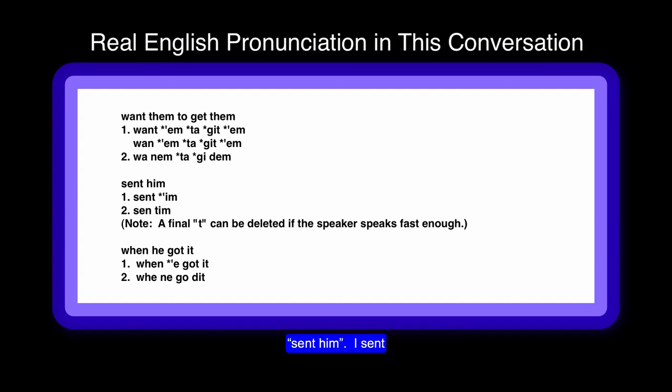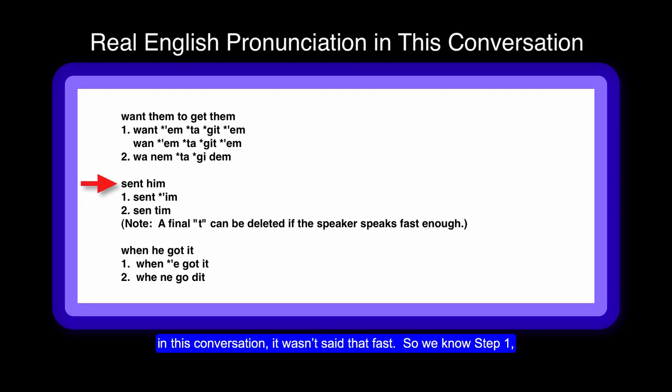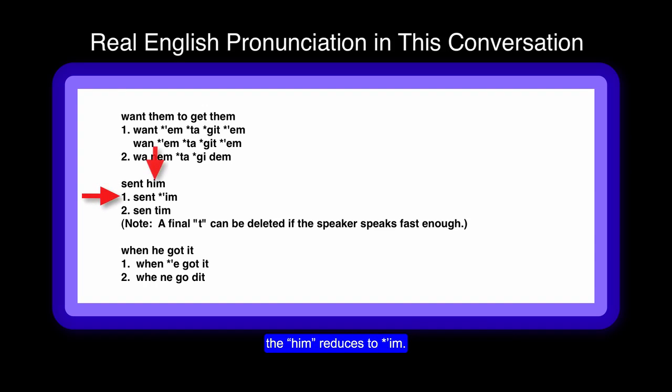Okay, the next one, "sent him." I sent him a package. Now, in this case, the final T is not deleted. It could be. We could say "sen him" if we say it really fast, but in this conversation, it wasn't said that fast. So we know step number 1, "him" reduces to 'im.